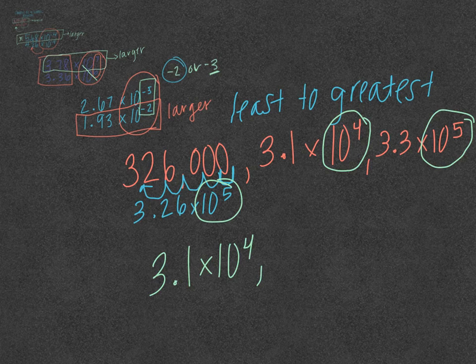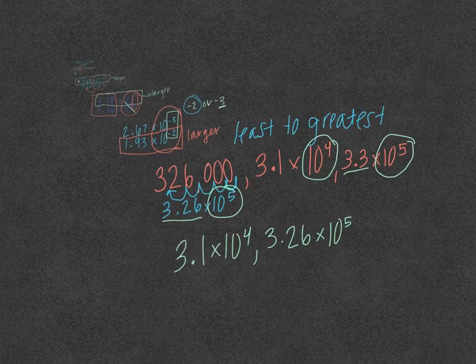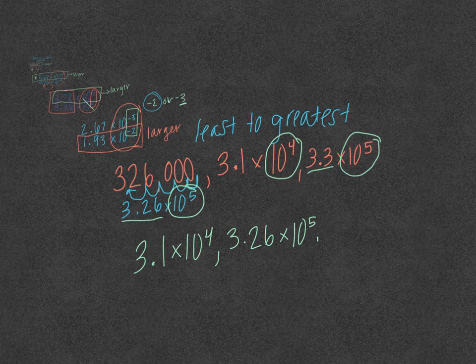So you're going to then look at your coefficient. And 3.26 is smaller than 3.3. So my middle number is going to be 3.26 times 10 to the 5th power. And my very last number is going to be that 3.3 times 10 to the 5th power.